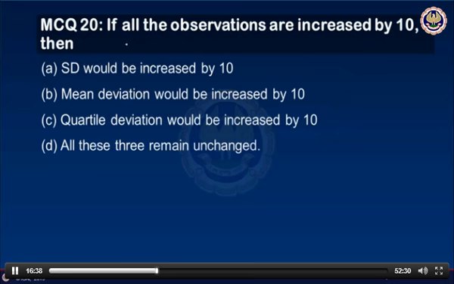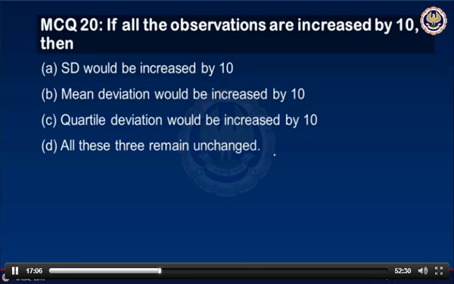MCQ 20. If all the observations are increased by 10, then: A, SD would be increased by 10; B, mean deviation would be increased by 10; C, quartile deviation would be increased by 10; D, all of these remain unchanged. We have already studied the properties of mean deviation, standard deviation, quartile deviation and range.